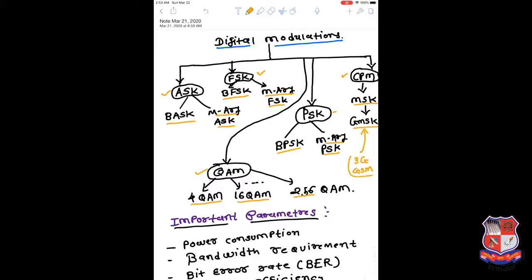So whenever you learn about wireless communication systems and the 3rd generation wireless communication system, you will find GMSK is the key modulation scheme there.